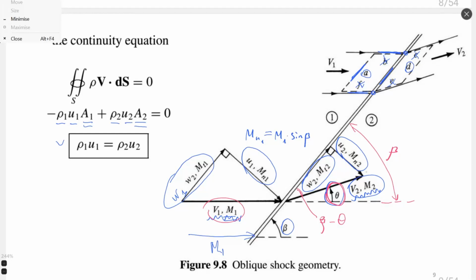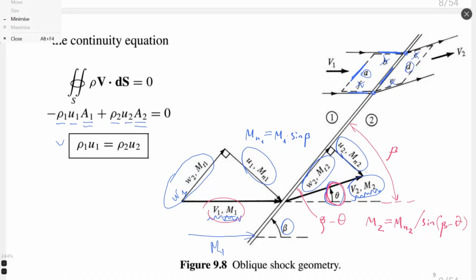According to this definition, we can write that M2 is Mn2 divided by sine of this difference, beta minus theta. In such a way, we can see how big our Mach number after the shock wave would be.